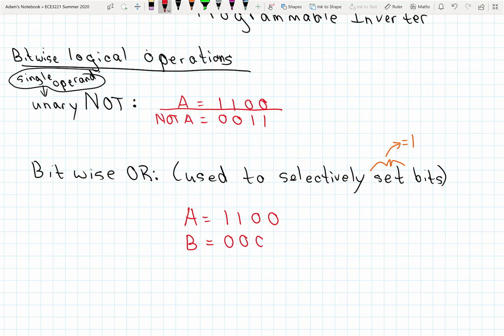So 0001. This value of B is going to selectively set the least significant bit while having no effect on the other bits.